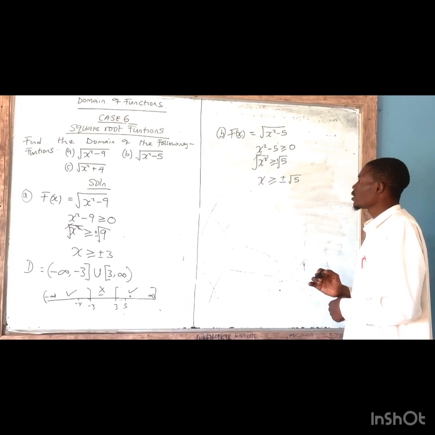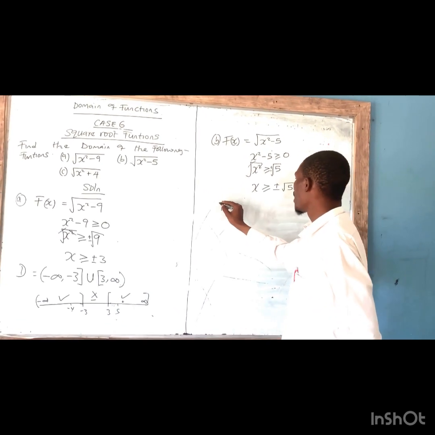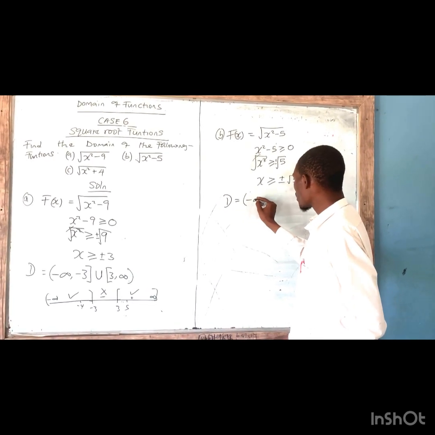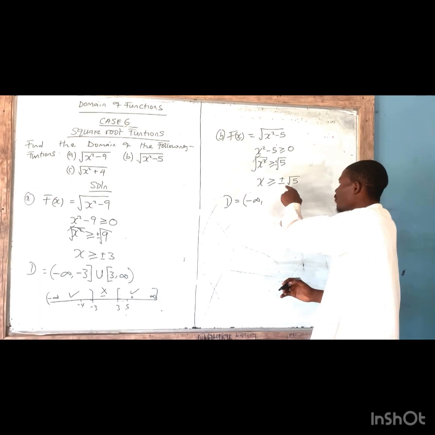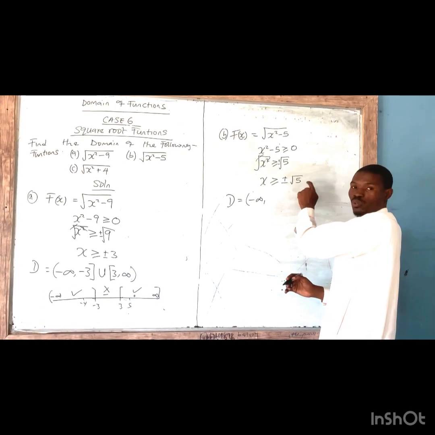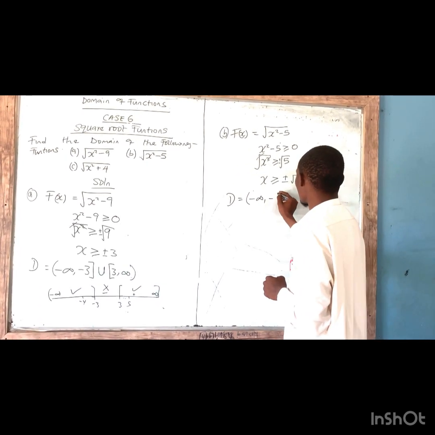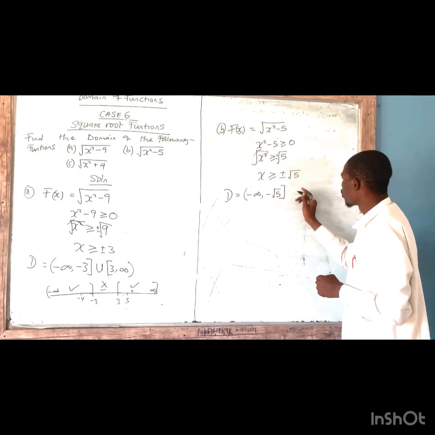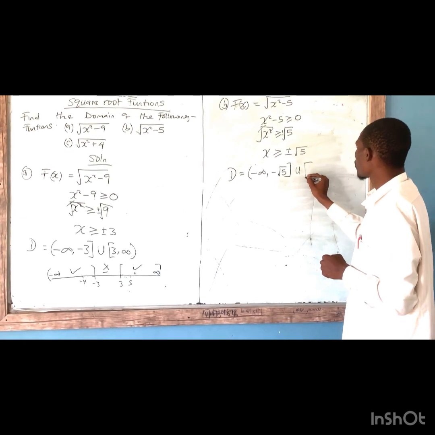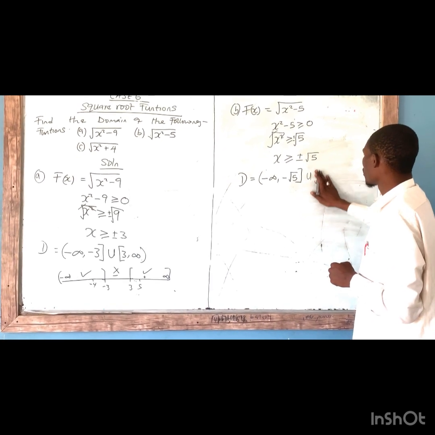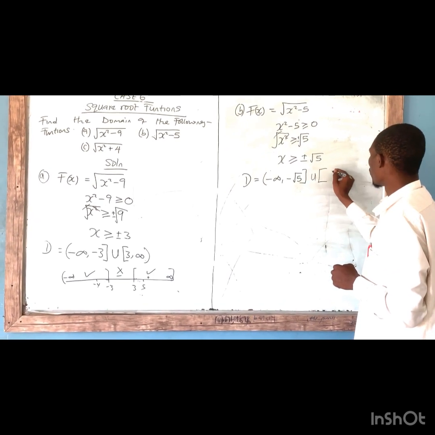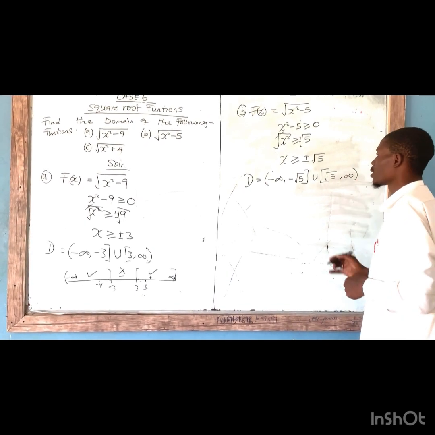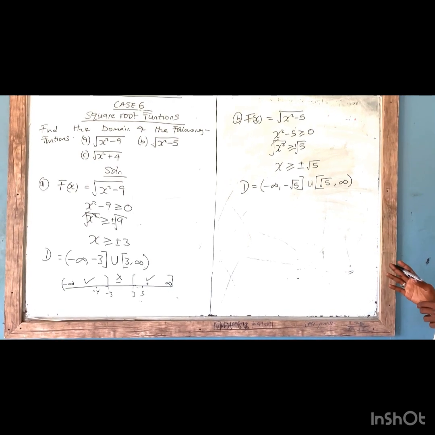So our domain is equal to minus infinity to minus root 5 inclusive, union root 5 inclusive to infinity. This is how you find the domain.